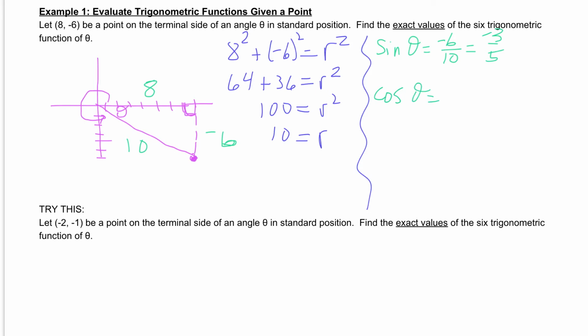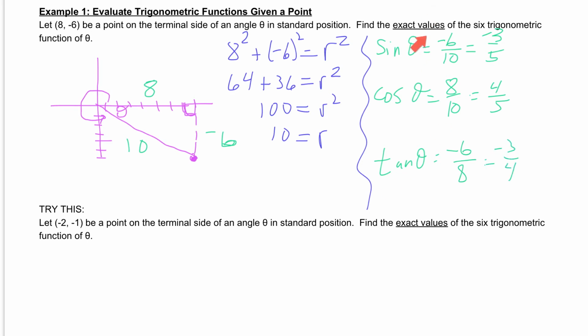The cosine of theta is going to be the adjacent, which is 8, over the hypotenuse. So we get 8 over 10, and we can simplify that to 4 over 5. And then if we find the tangent of theta, here's theta, it is going to be the opposite over the adjacent. So negative 6 over 8. And simplifying that one, we get negative 3 over 4.